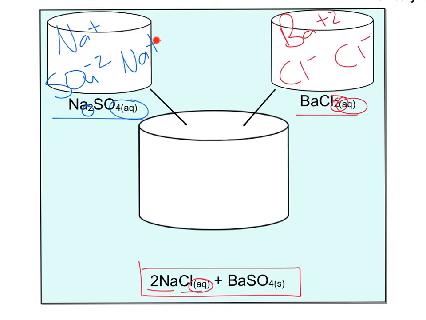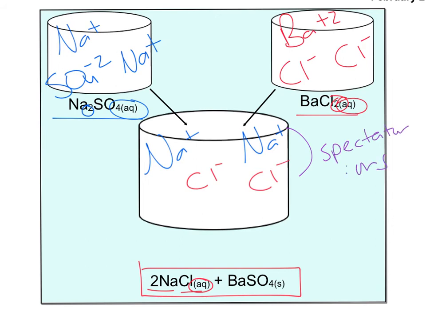These ions are just getting poured into this beaker. So these ions just plopped in. They're still aqueous down here. They didn't move. They didn't change anything. Nothing happened. So these are our spectator ions as a reminder.